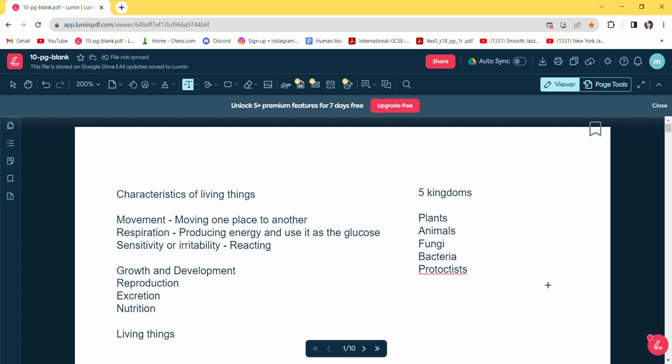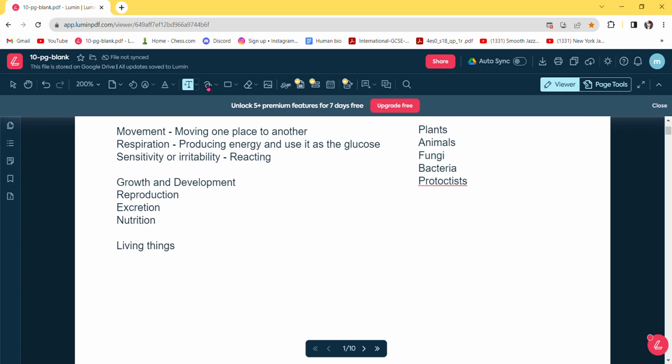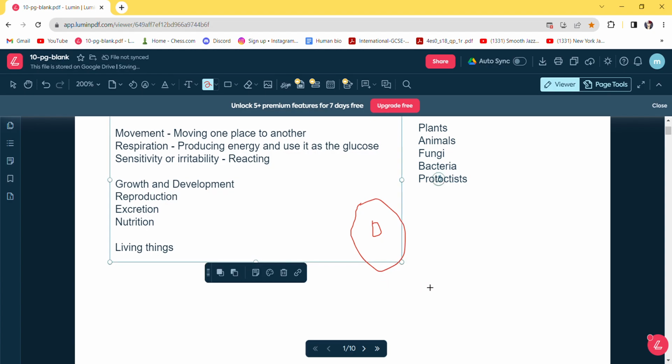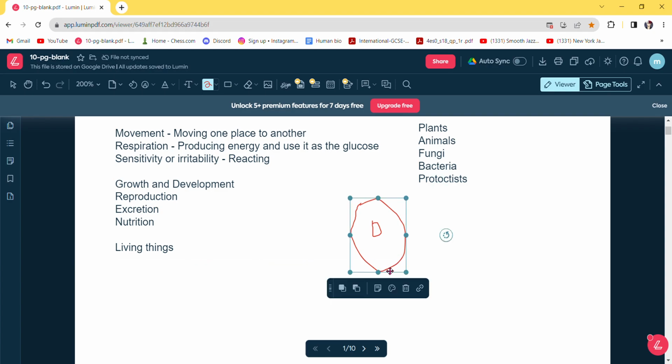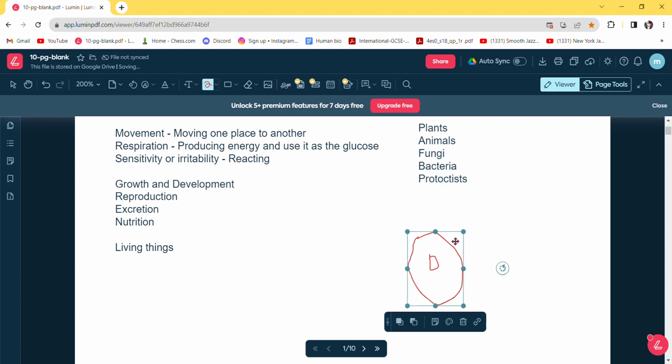So we're going to go to cellular biology. As you can see, there's a simple cell over here. Wait, let me move this picture. Simple cell, guys.